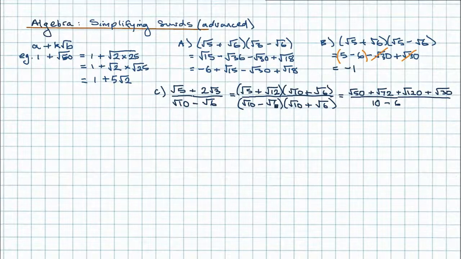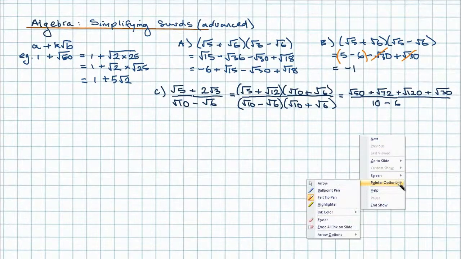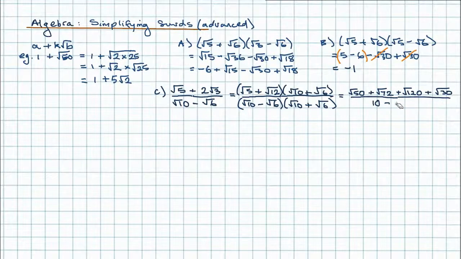Now, just to check, our outer would be root 60, take away our inner, which would also be root 60, so that just cancels out. So I end up with, let me just erase for brevity, 10 minus 6, a denominator simply of 4. So there we are. We've rationalised our denominator.